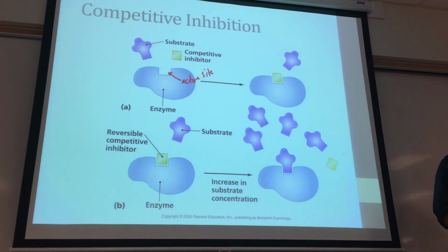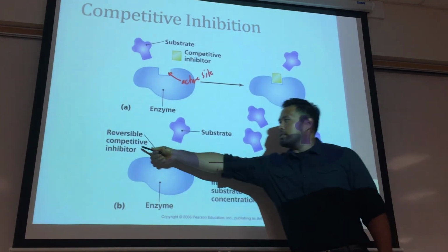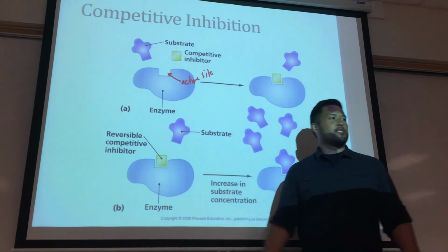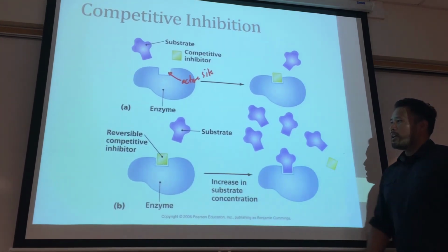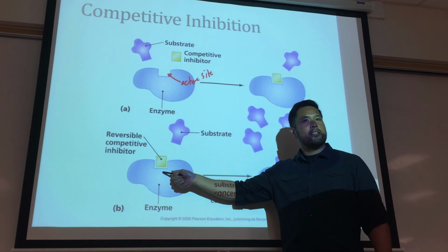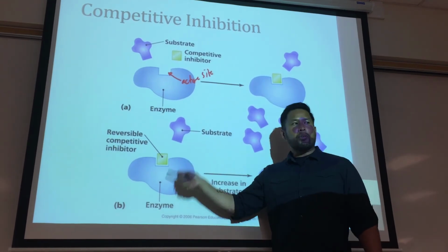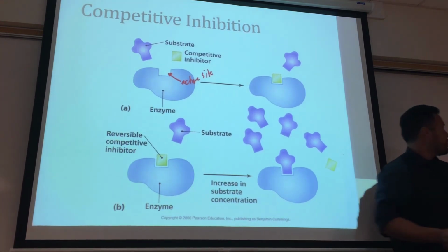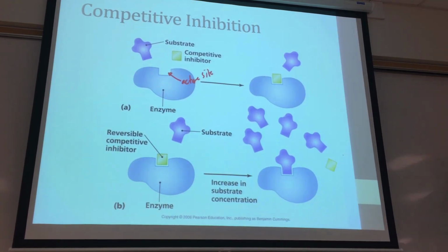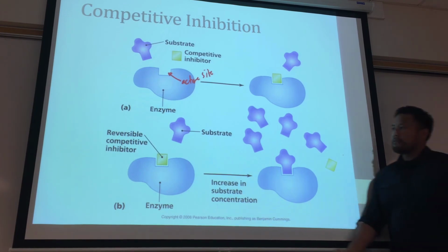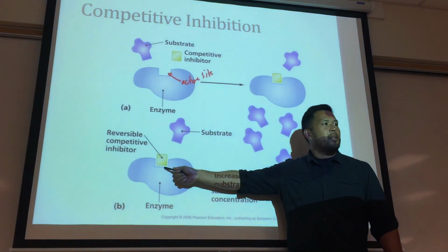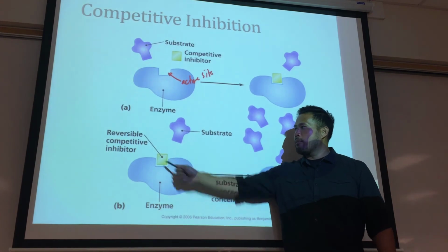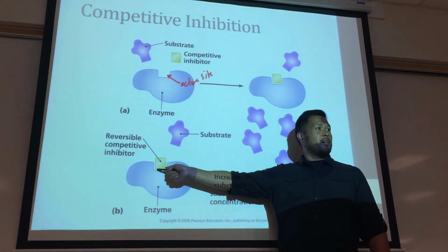Now, a reversible competitive inhibitor still competes for the active site, but it's reversible. Pretty self-explanatory. So it may bind sometimes, and if it does bind, it prevents a substrate from binding. But if we were to use this example earlier, a bunch of men, women, baby, and I threw that enzyme in there, the amount of competition that takes place is dependent on how much reversible competitive inhibitor I have.